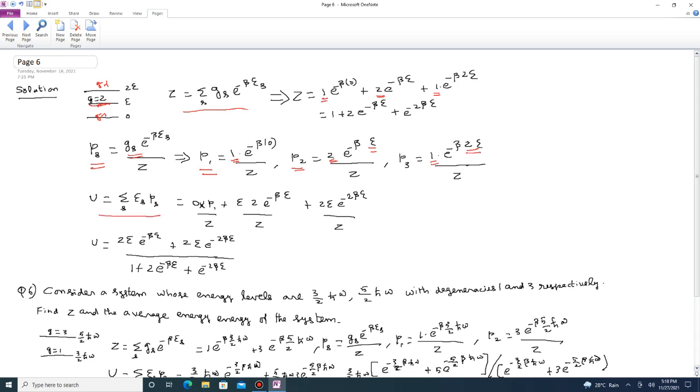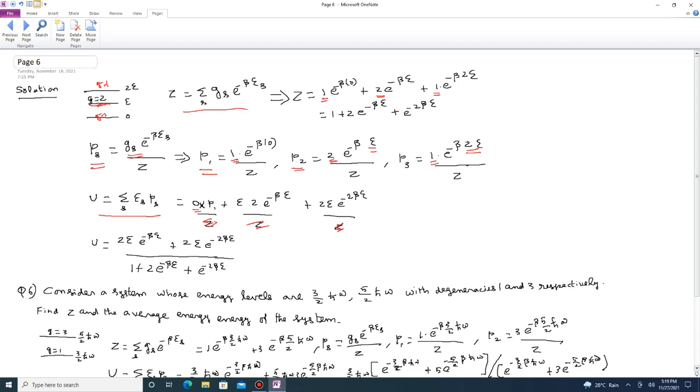Then the mean energy can be found by using the expression summation over S, E_s P_s. So E1 is equal to 0, and this is P1. Here you should not use Z, because the sum is E1 P1 plus E2 P2 plus E3 P3.